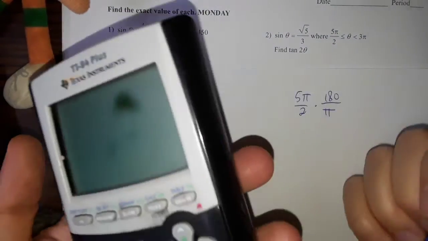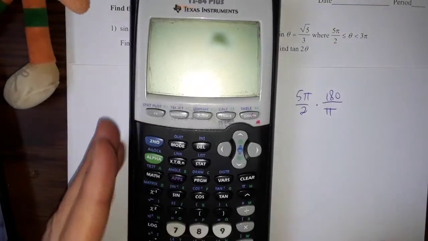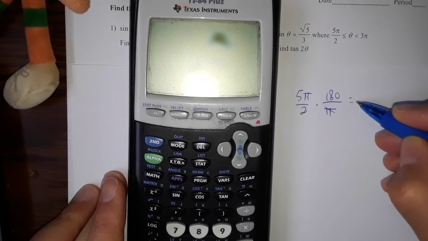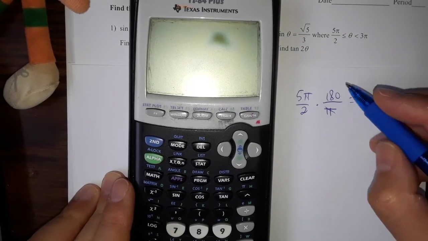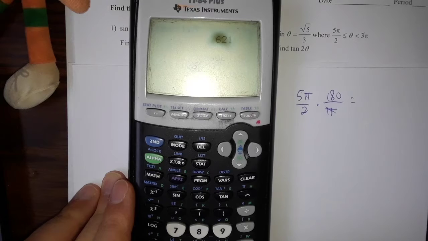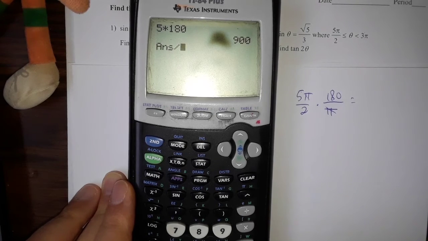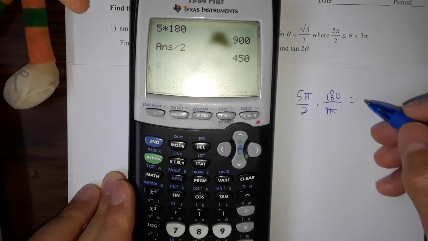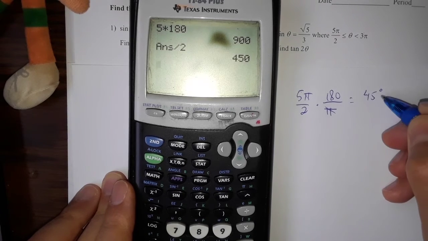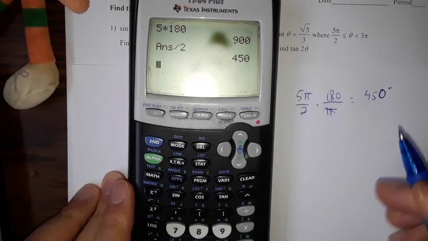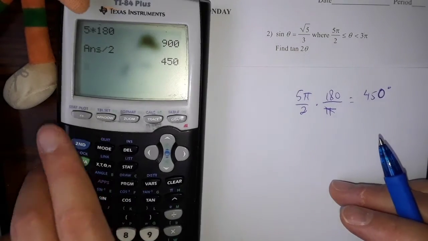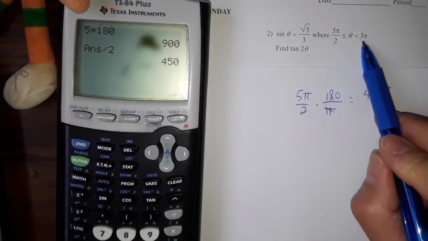If you do that with a calculator, the pi goes away, so you don't have to worry about the pi, and you have 5 times 180 over 2, which is 450, right? And 450 is coterminal with 90.